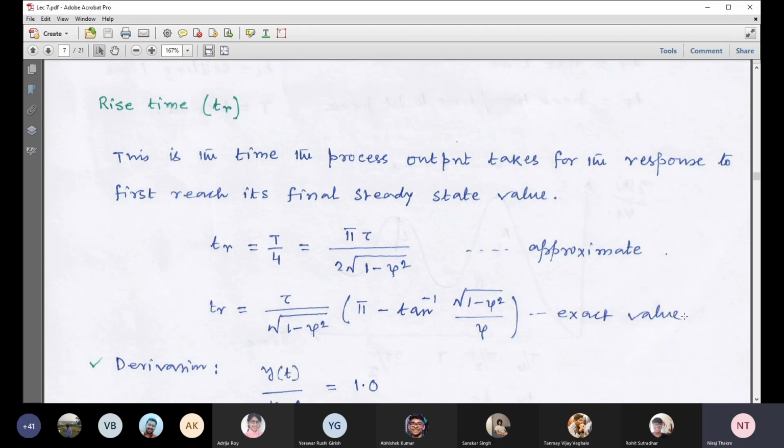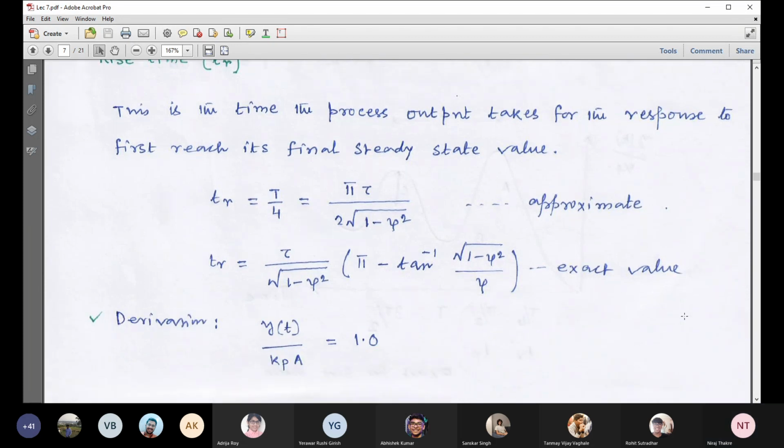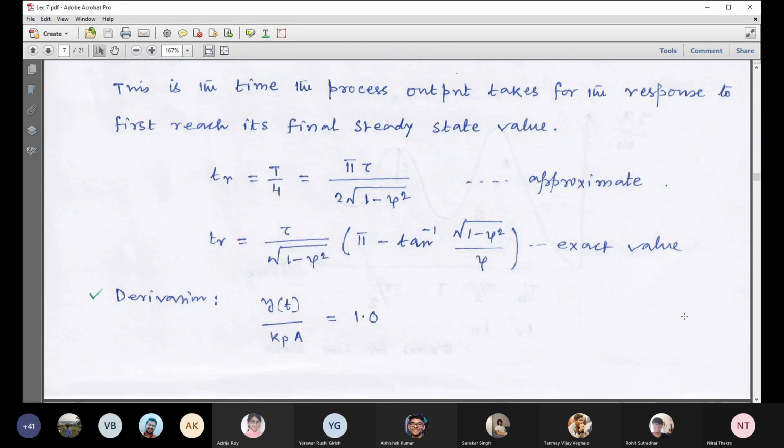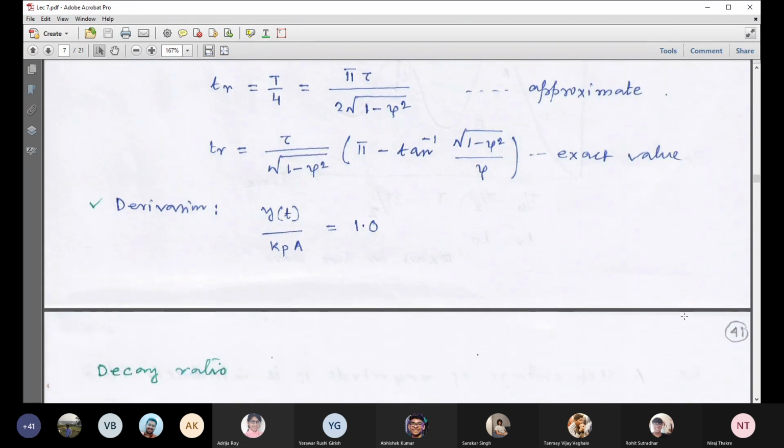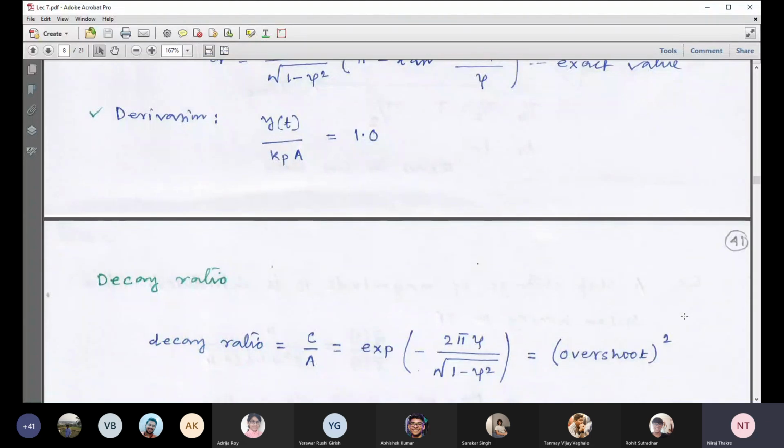Next, you go to calculate this decay ratio. We want to determine the expression for decay ratio. Again, you revisit the plot and see what is C, what is A. Both are indicated there.